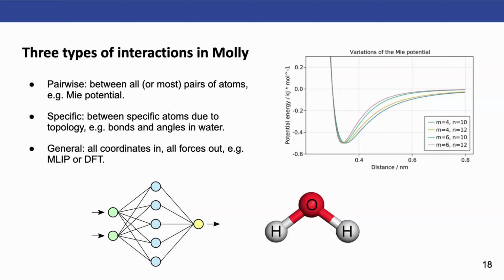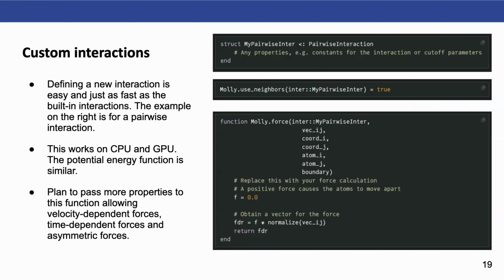And then we have the most general type, for which we use basically the atom calculators interface, where we just say, give a function all the coordinates and get back the forces. So we could use that to call DFT or to call a potential. So if you wanted to define a custom interaction, that should be fairly easy, as I said.